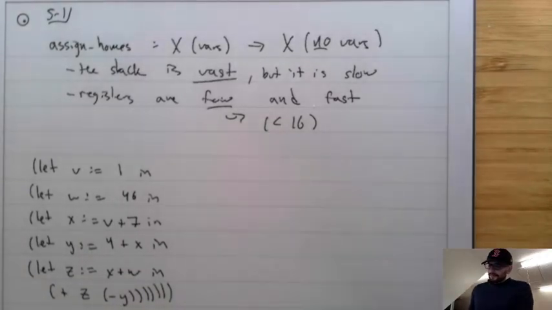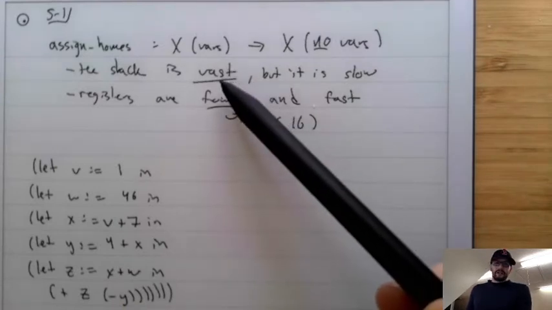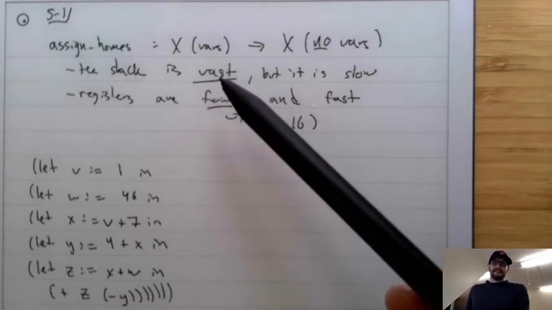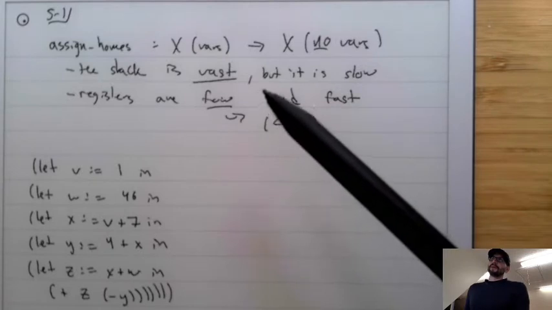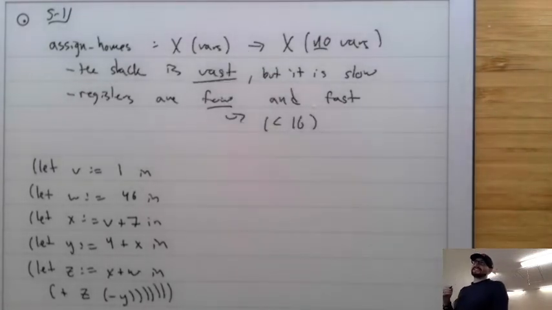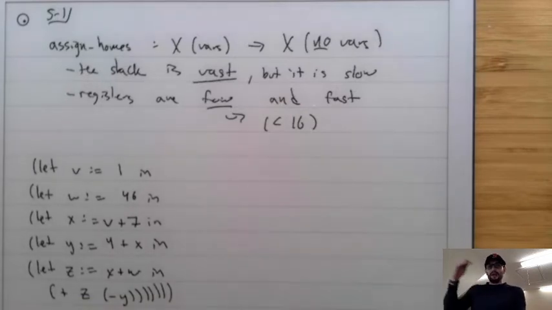Now, the stack is very large. We say that the stack is vast, but it's slow. What we mean by slow is that when you access the stack, you're accessing memory, which is beyond the edge of the lowest level of the cache hierarchy, which are the registers.